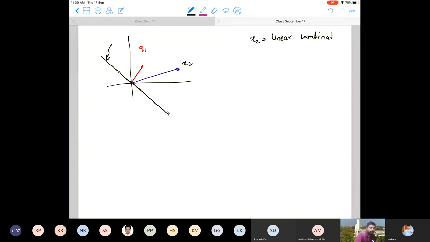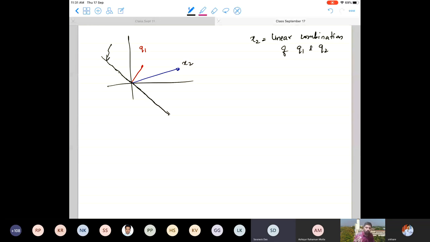Do you agree? q2 is a unit vector in this direction that I have drawn. It is perpendicular, so q1 and q2 are orthogonal. If they are orthogonal, then x2 can be written as a linear combination of q1 and q2. q1 and q2 will form a basis of R2, so that linear combination is unique. That is also fine with you.